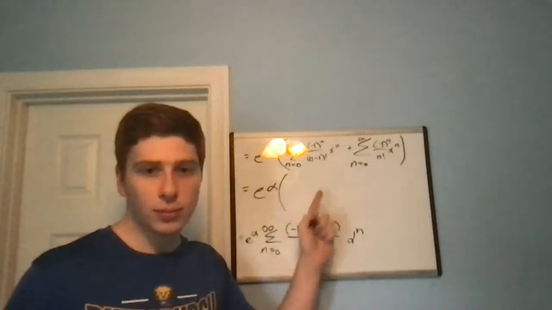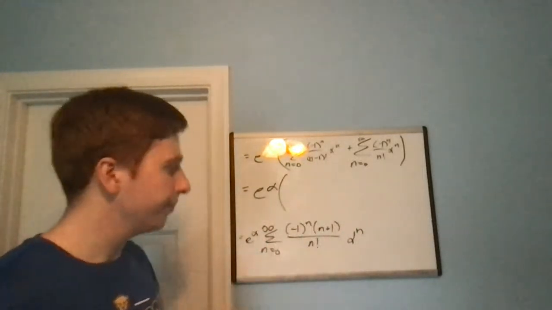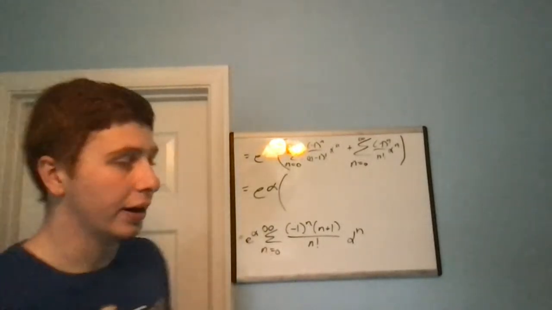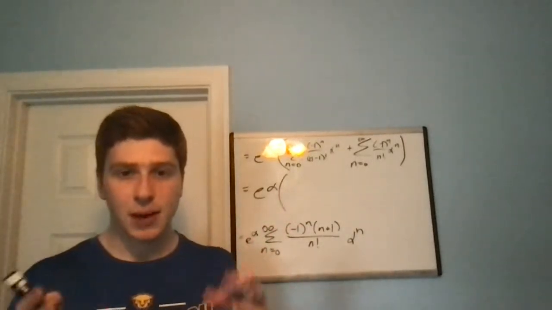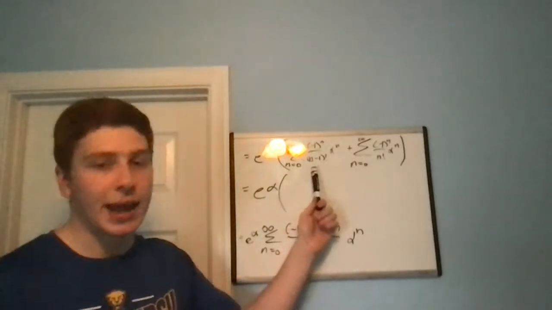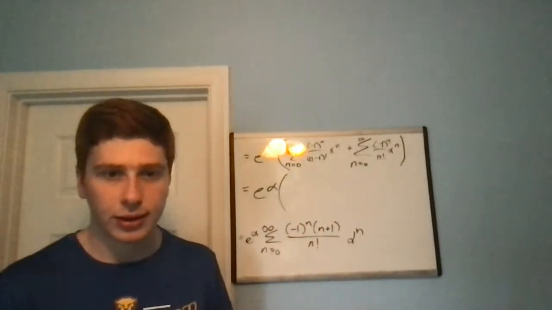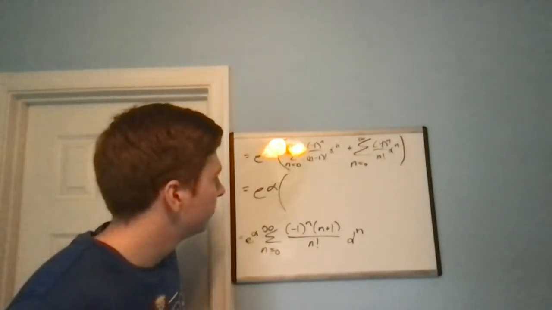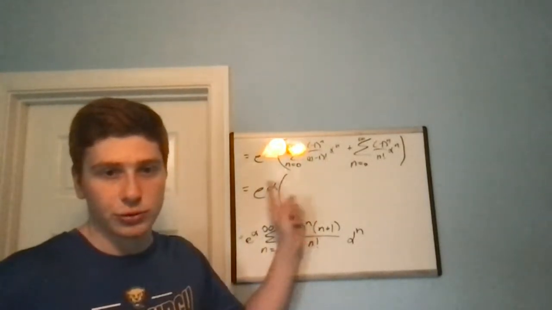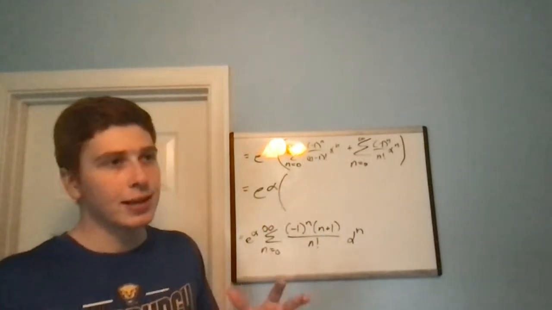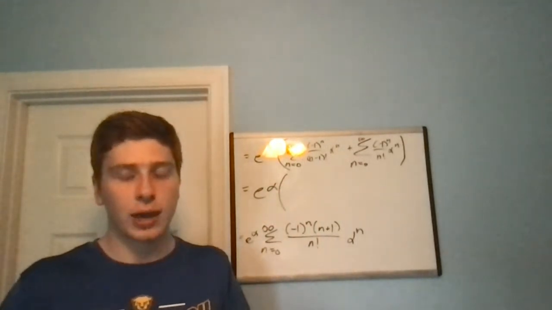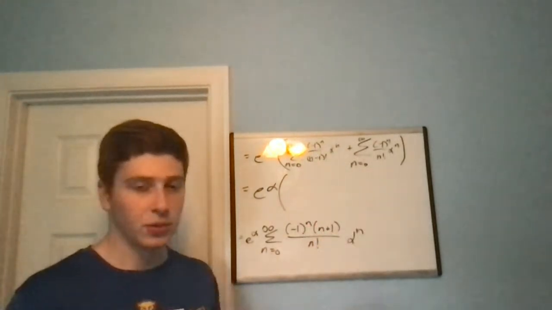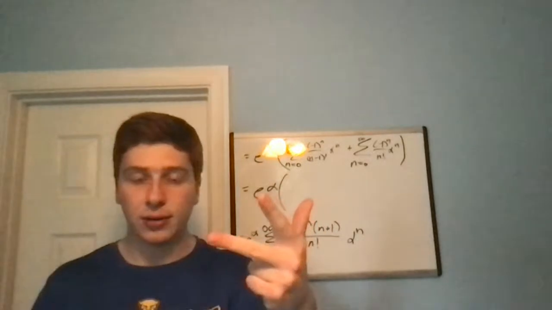Now, the problem with the way that this is written is, if we want to apply the e to the x power series, it's really important that this is an n factorial in the denominator, okay? We need to make sure that this is an n factorial in the denominator. Technically we need all of these terms to have powers of n on them, the minus 1, the alpha, and the n minus 1 factorial.